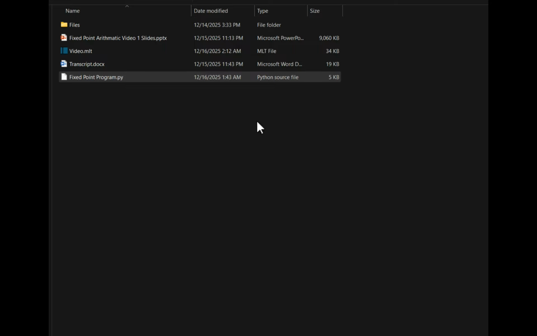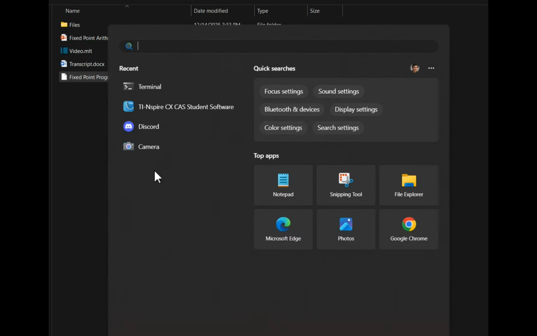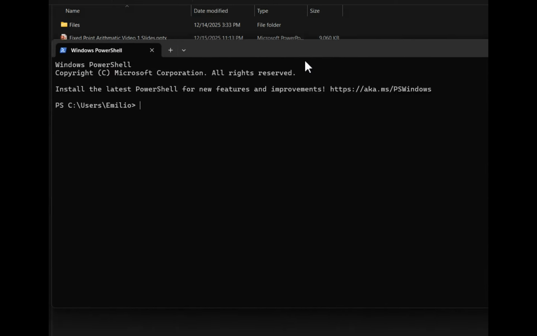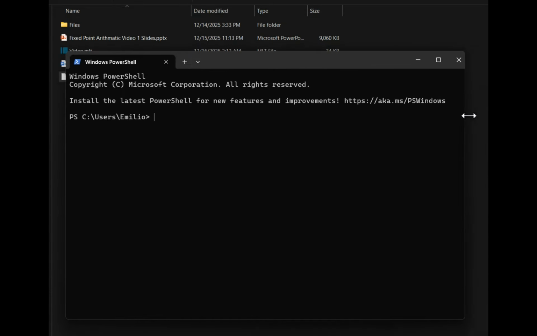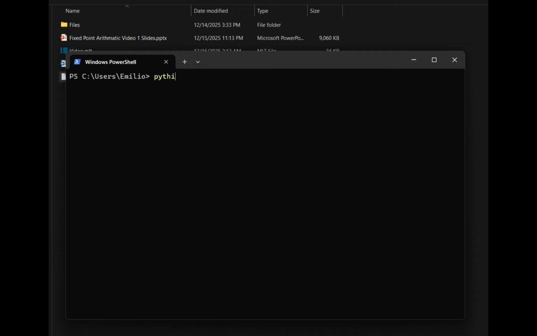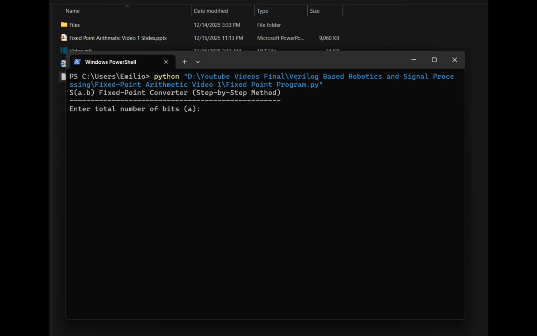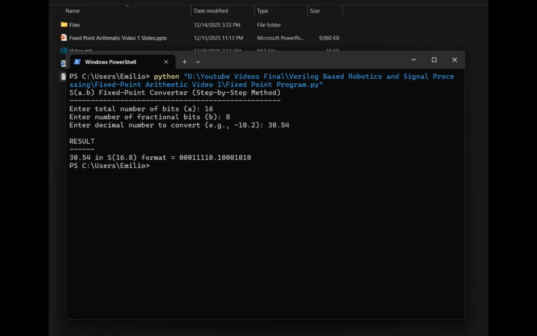So once we have our Python program, we copy it as a path. Then we open up a terminal. And we do this. So let's say we have 16 bits of A, 8 bits of B, and we do, I don't know, 30 point that. That number's that. Let's do another one.